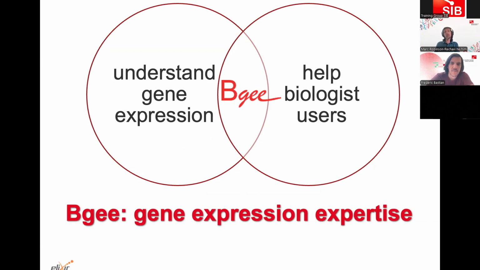So that you don't have to worry which protocol this was, how do I normalize, was this cell type or that cell type that they meant, was this the correct annotation, am I here comparing really healthy wild type, or is this actually the brain of someone who died with Alzheimer's? All these questions should not be your concern because we take care of them so that gene expression is easy to use and can make you advance your science.